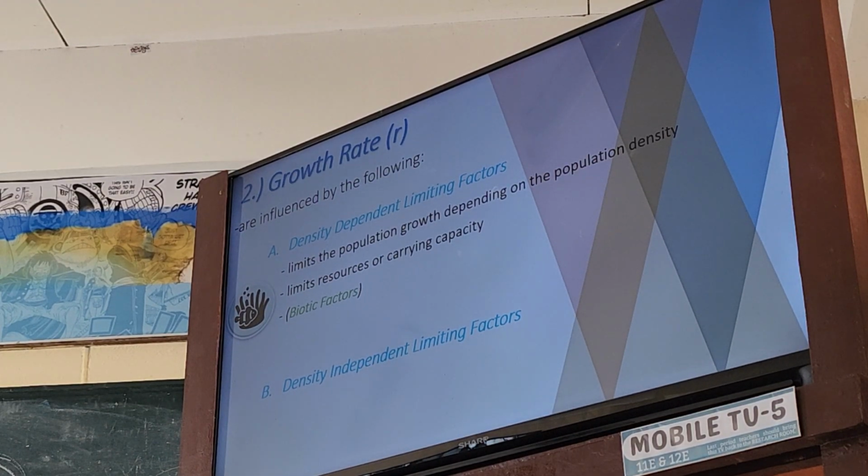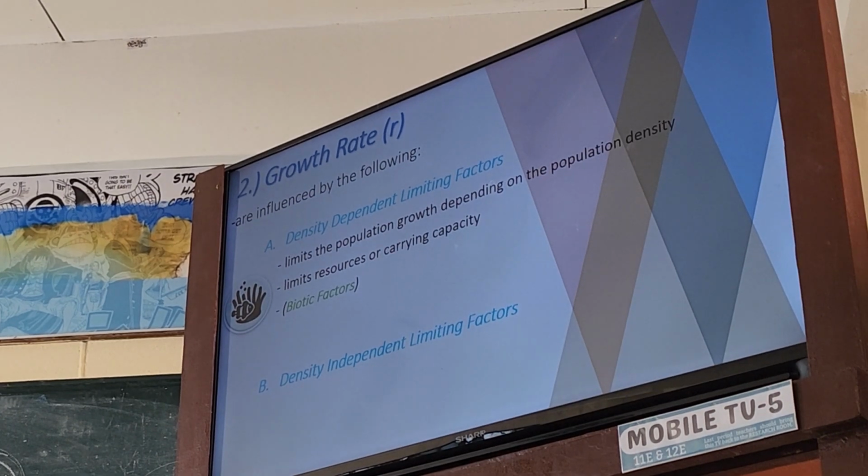Will that supply of rice be considered a density-dependent limiting factor if, say for example, I will entertain less than or more than 21? Say, 3 sacks of rice for 1 month for me and my 3 kids. Would that be a limiting factor? Yes or no? Would that limit the population to grow?